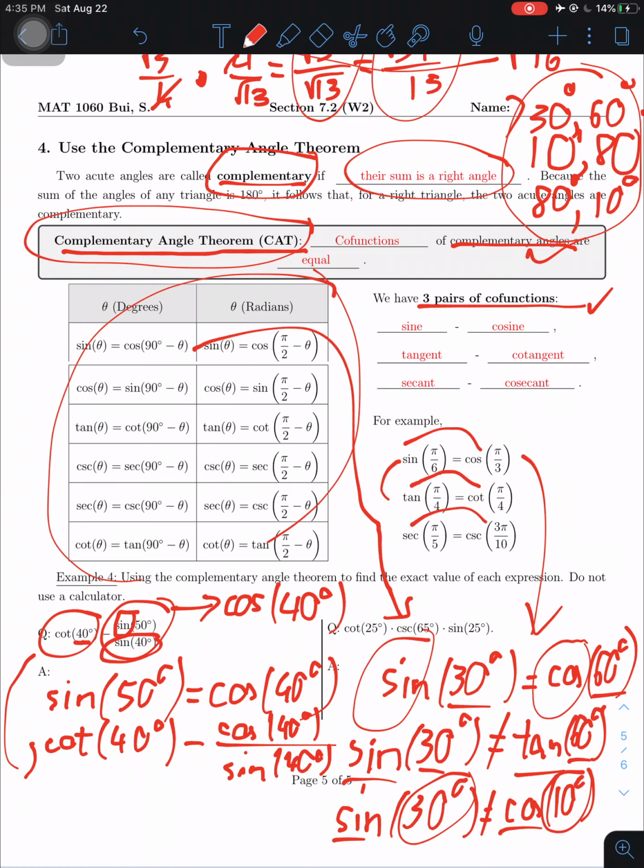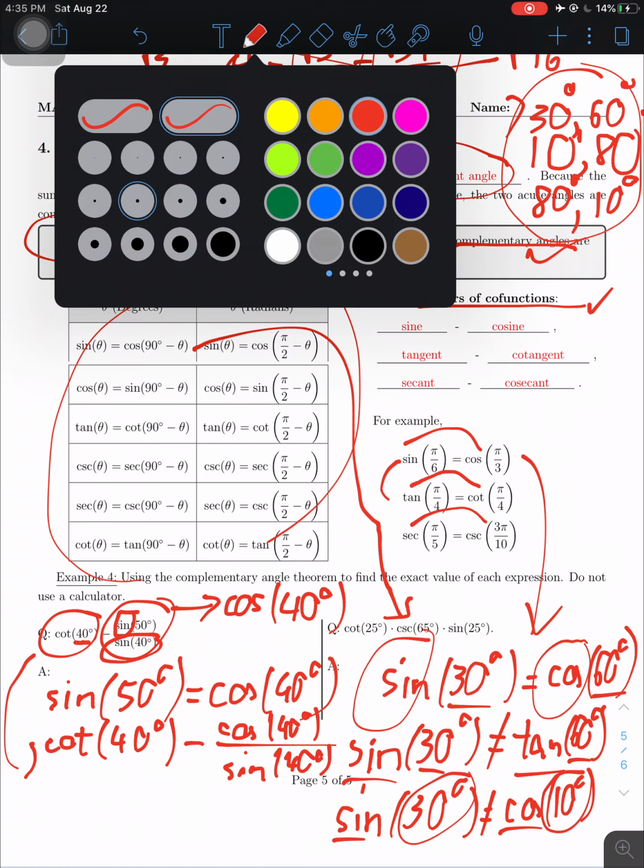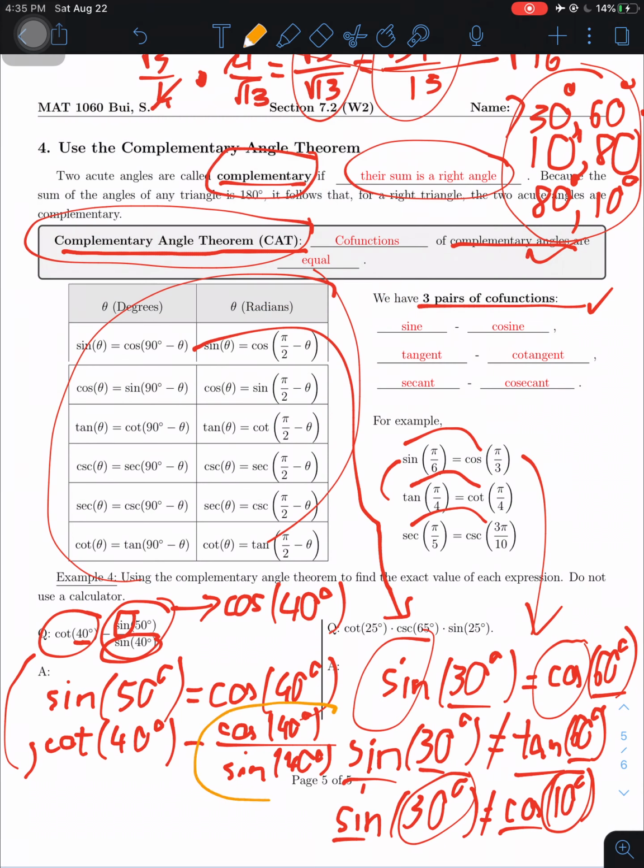If you remember from the table of identities, cosine divided by sine gives us cotangent of 40. Let me rewrite the first cotangent. The cotangent in red is what I rewrote from the last line.